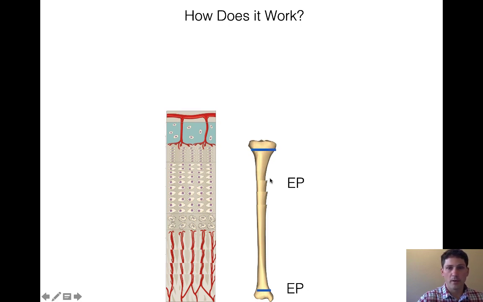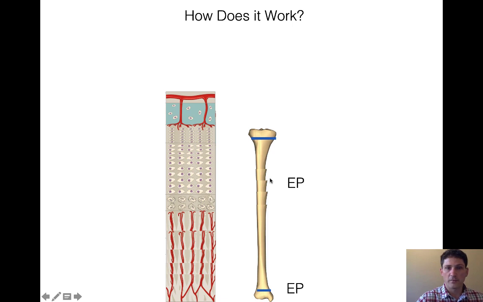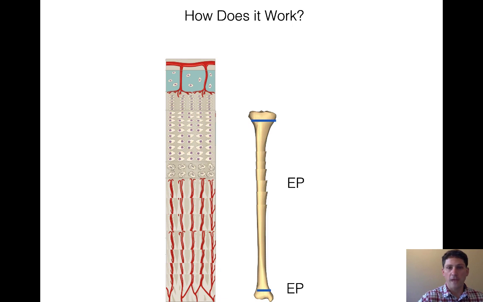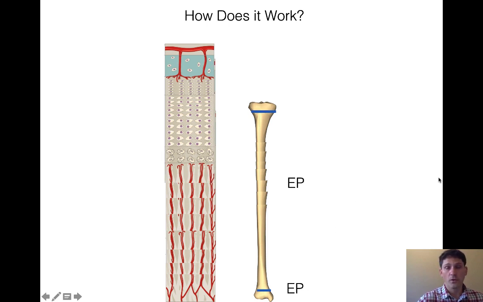As that bone extends and these processes continue, we get bone growth. This is happening at the distal portion of our tibia here. Over time, this continues to grow, elongating that diaphysis until we get to about 18 to 20 years, and then our hormones stop our growth plates.